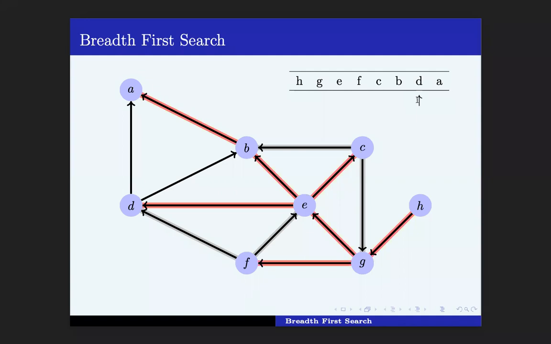Yes. Like we did for the DFS, as soon as from E I visit B, I will remove B from the neighbors of E. As soon as I see D, I remove D from the neighbors of E. What do you mean, remove D from the neighbors of E? From the adjacency list.